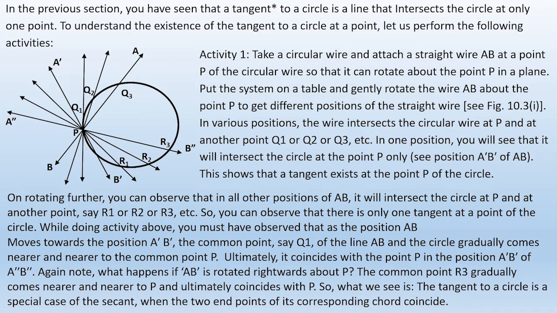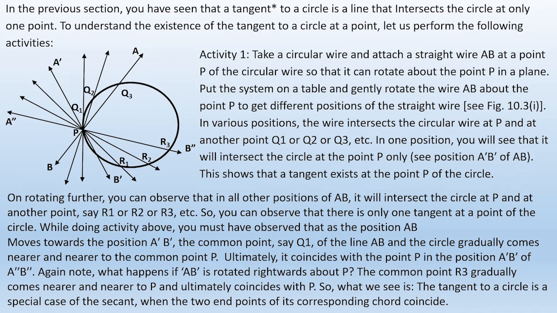You may have seen that when the position AB advances towards the position A', B', the common point, say Q1, approaches P. The intersection of line AB and circle progressively approaches the common point P. Finally, in the position A', B', the point Q1 coincides with the point P.